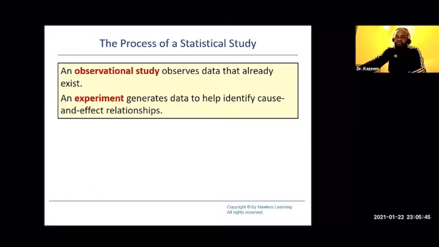Good job. Now, the next thing I want to talk about is the process of statistical study. We have the observational study and the experimental study. An observational study is a study where researchers merely observe instead of experimenting, like when you conduct a survey.